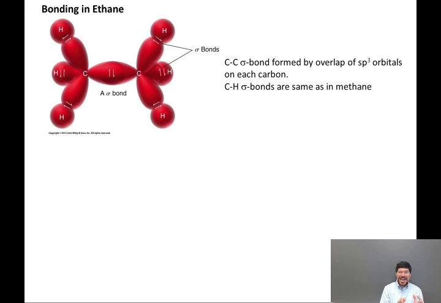The carbon-hydrogen bonds, sigma bonds, are the same as in methane. They are formed by the overlap of an sp3 orbital on carbon with an s orbital on hydrogen. So in this molecule you get to see both kinds of overlaps that give rise to sigma bonds: the overlap between an sp3 and an s to form the CH bond, and the overlap between an sp3 and another sp3 to form the carbon-carbon bond.